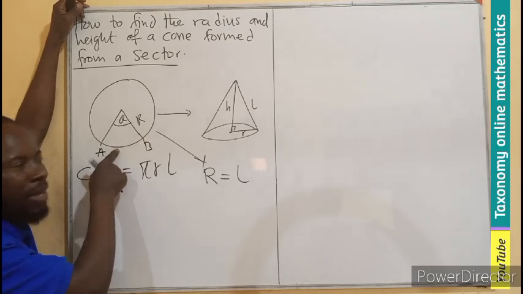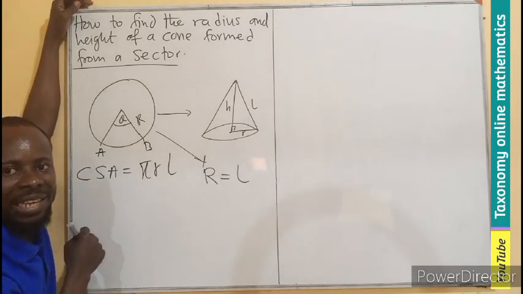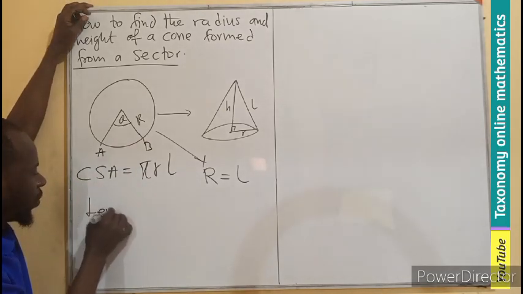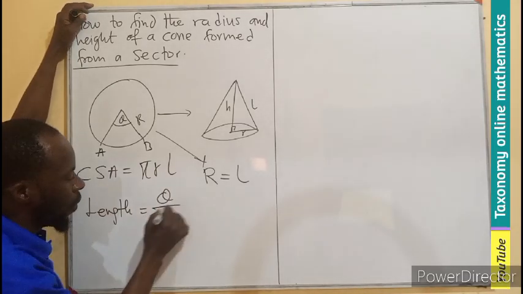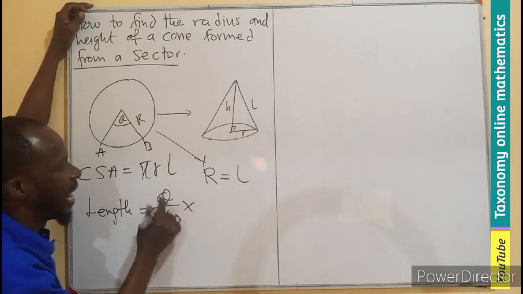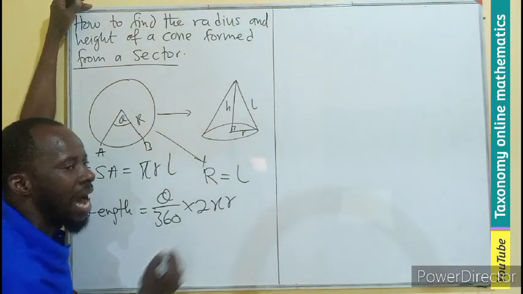How do we find the length of a sector? We know the length of a sector is the angle subtended over 360 times 2 pi r.